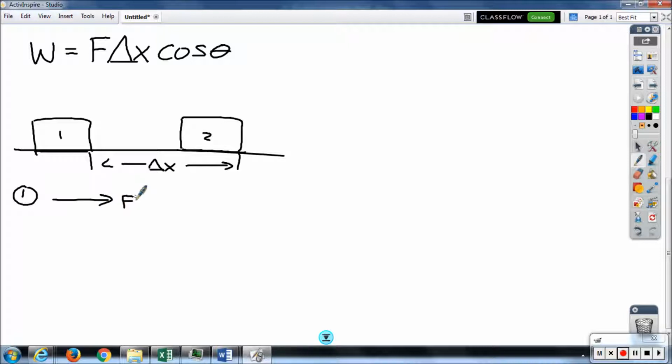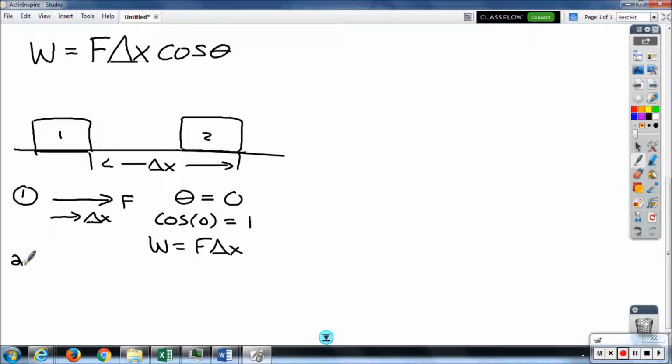Because F and delta x are in the same direction, the angle is 0, the cosine of 0 is 1, so the work done by that force is whatever the value of that force is times the displacement.